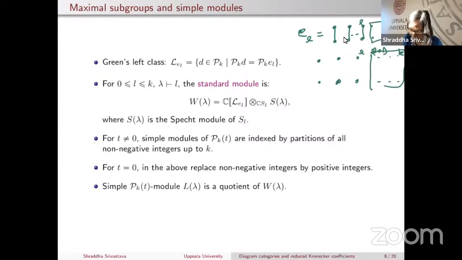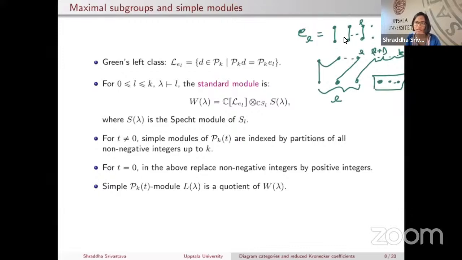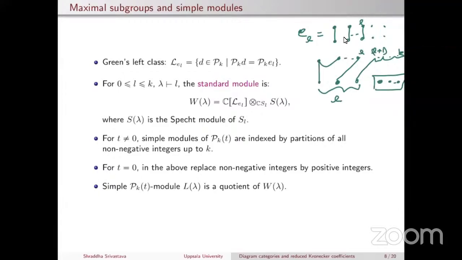I'm sorry, I need to go back. So these ones will be singletons. They don't join anything. And then here you just have L propagating blocks. Here you have exactly L of them, and they are connected in any fashion you like. And you should have L of them here.